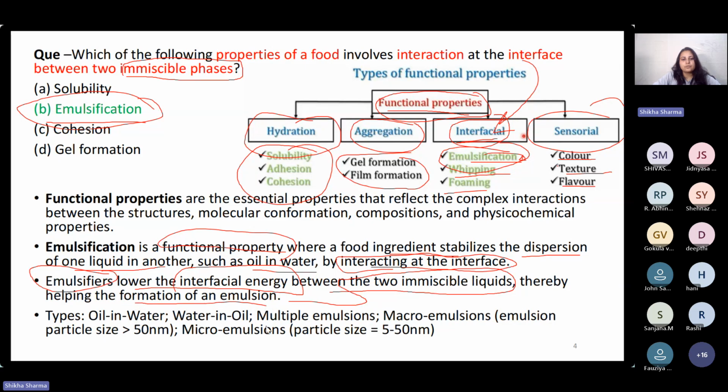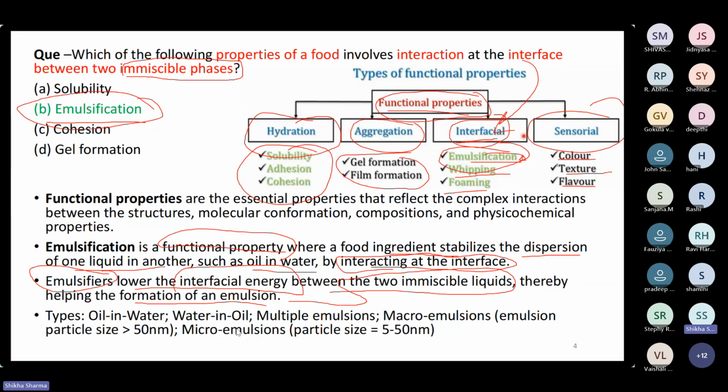Then there are different types of emulsification systems. So there are different emulsions. One is the oil in water emulsion, next is water in oil. Then multiple emulsions can also be there, like oil in oil, or water in oil in water.